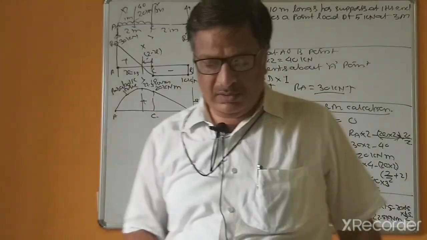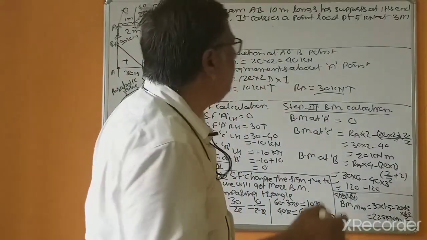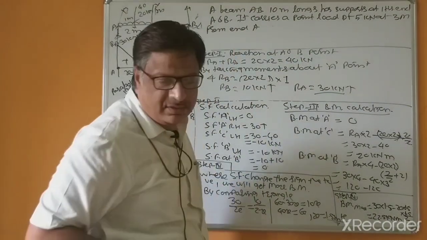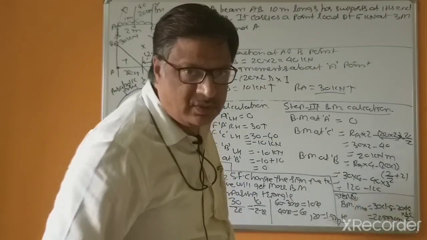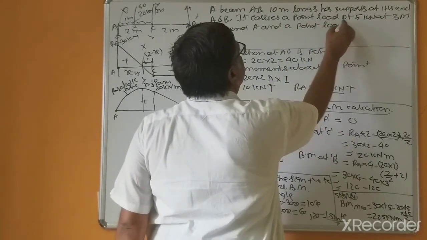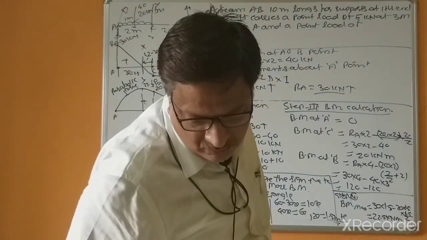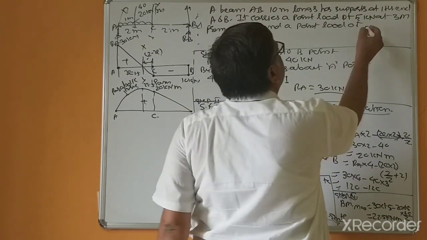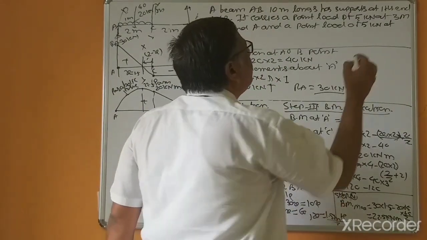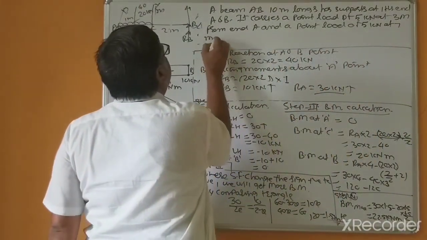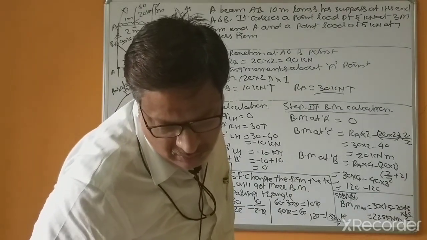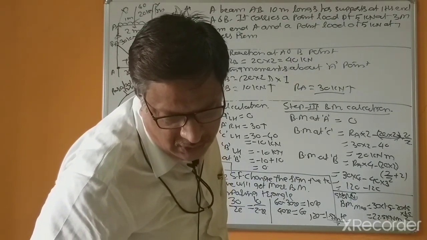Next problem: a simply supported beam carries point loads of 5 kilonewton at 3 meters from end A and 5 kilonewton at 7 meters from end A respectively.